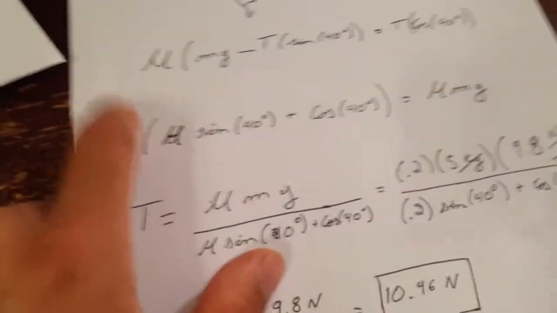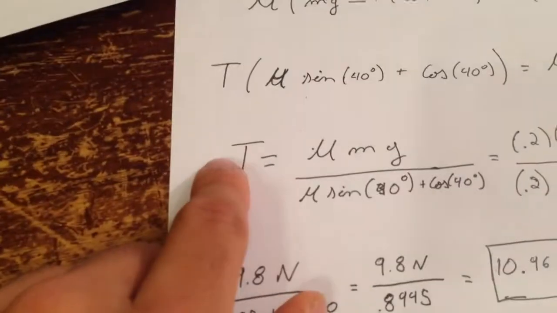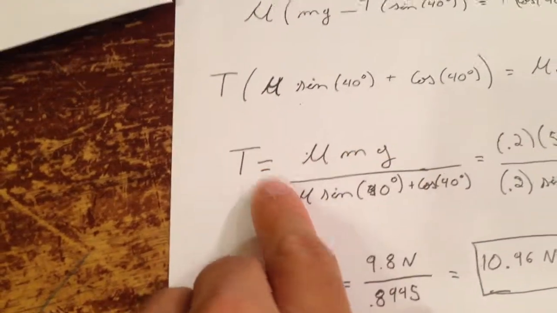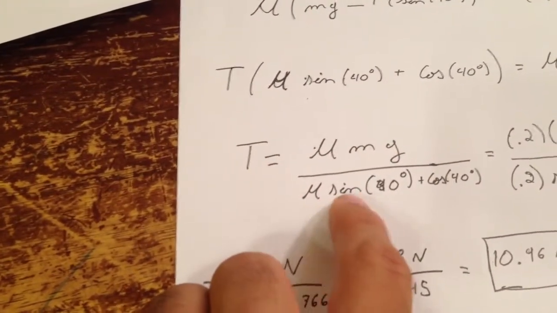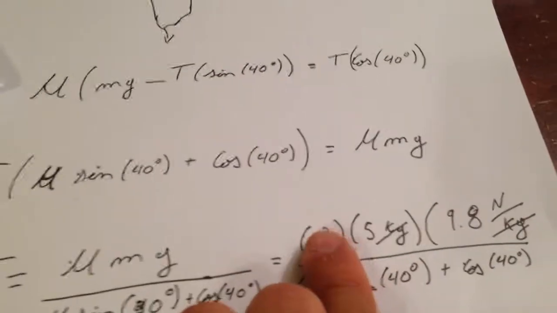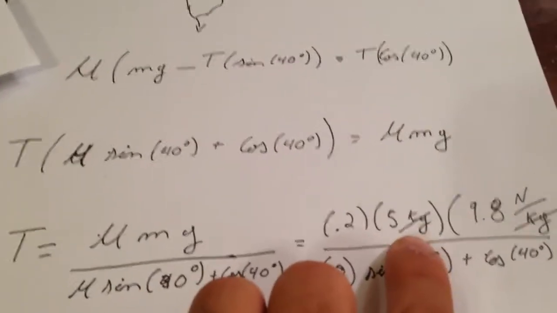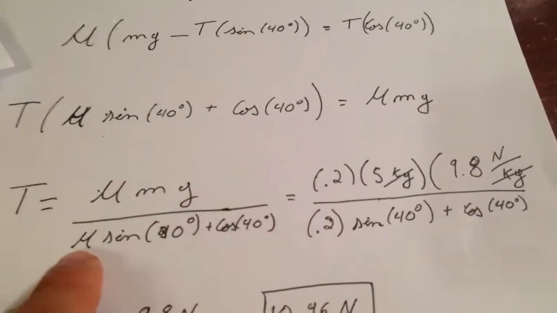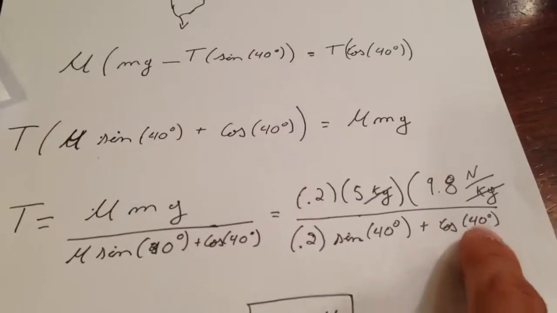So I move this here, and I have T equals the friction coefficient times mg divided by (friction coefficient times sine 40 plus cosine 40), and you're pretty much done. Now it's just a plug-in game where my u coefficient from the question is 0.2, the mass is 5, and the gravity is 9.8, divided by 0.2 sine 40 plus cosine 40.